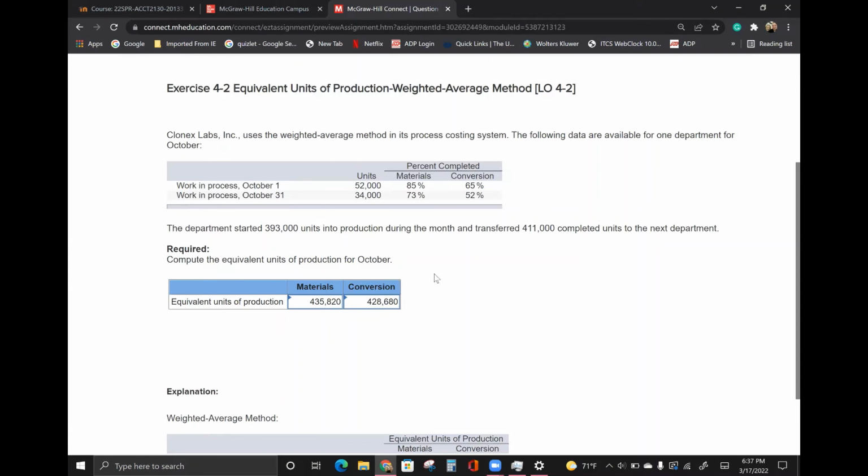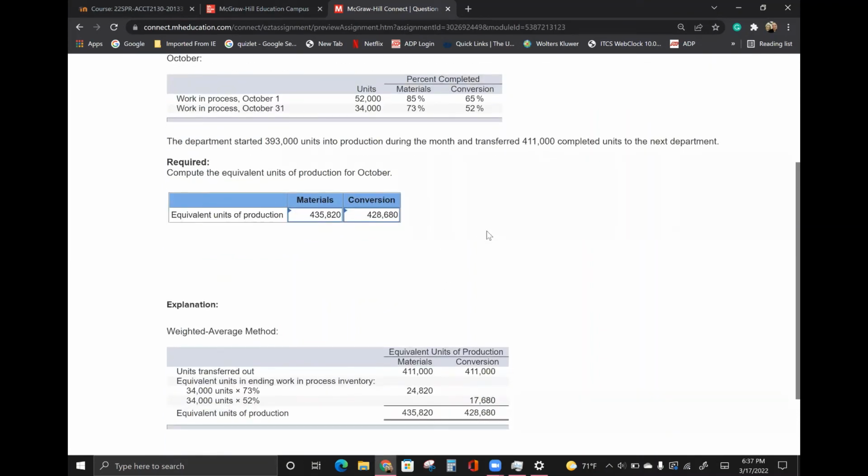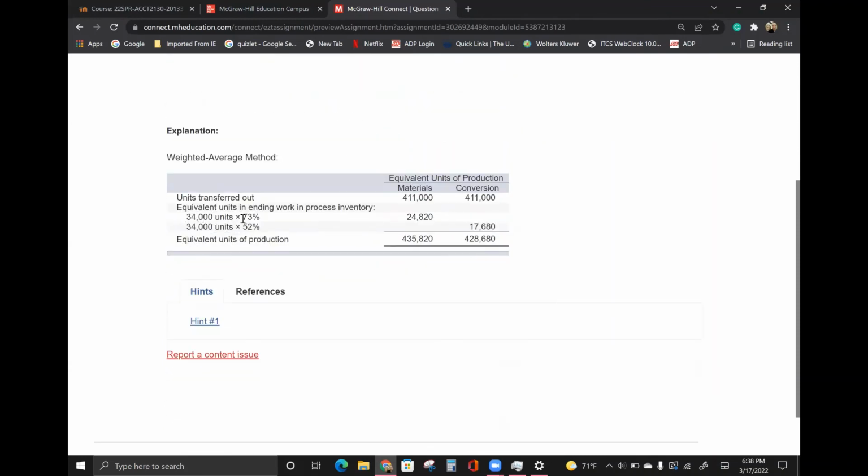So we need to complete just the equivalent units portion. So we have to know how many total came out. What is the total cost going to be? So we have 411,000 that we know are completed in full. And then we have 34,000 left. So we have to figure out how much of that is an equivalent unit. 34,000 times 73%, we get 24,820.